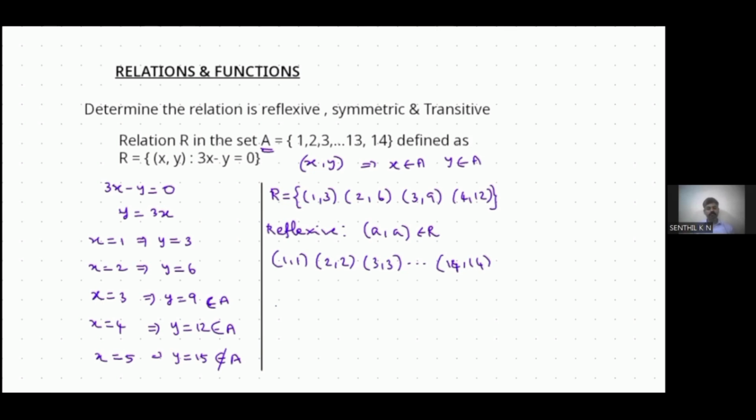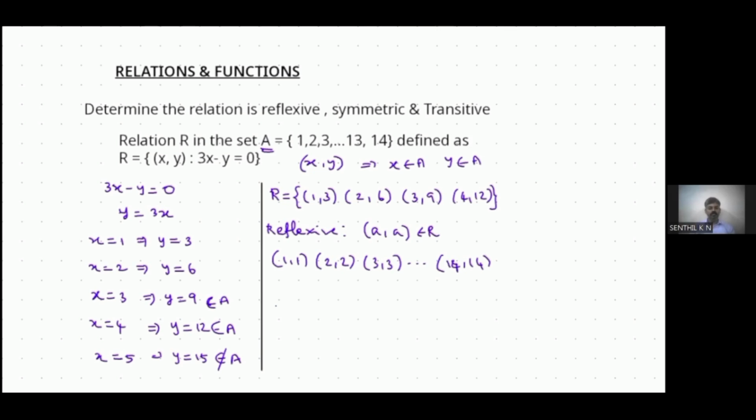up to 14. So here we don't have any element in R in the form of (a, a). Okay, we have to check the set A, that is, elements from A. So all the elements of A should be in the form of (1, 1), (2, 2), (3, 3), etc., (14, 14).